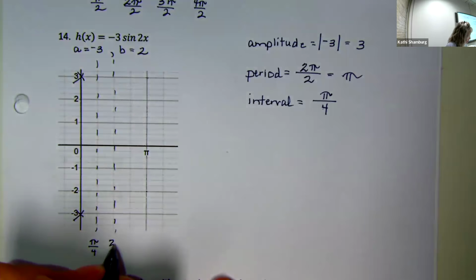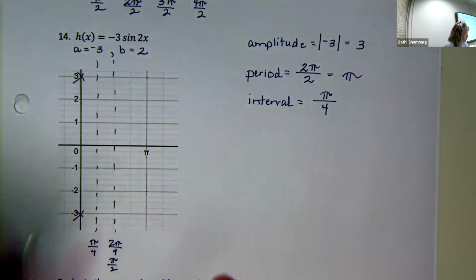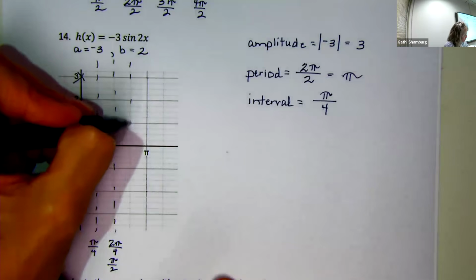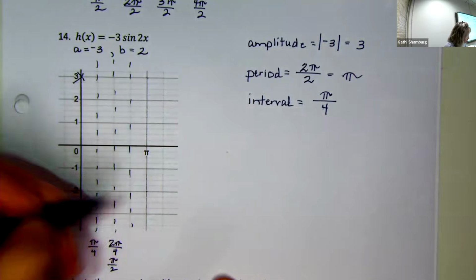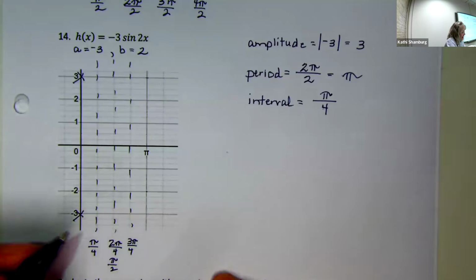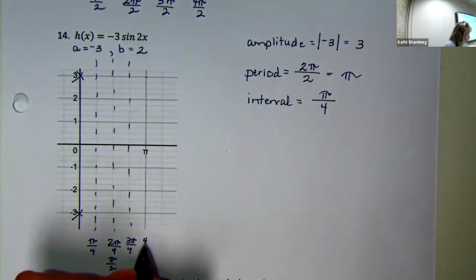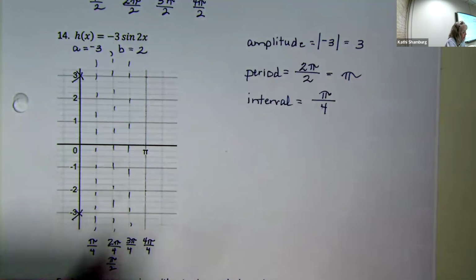Here is 2 pi over 4, which is also pi over 2. Here is 3 pi over 4. And then, of course, this line right here is 4 pi over 4, which is pi.